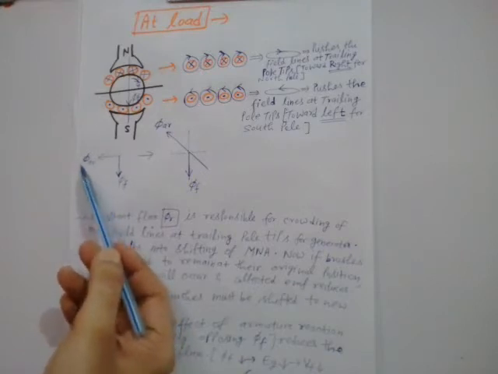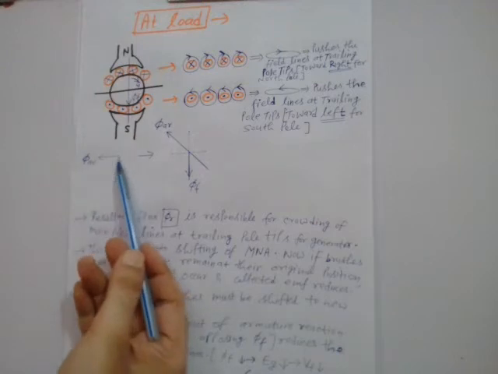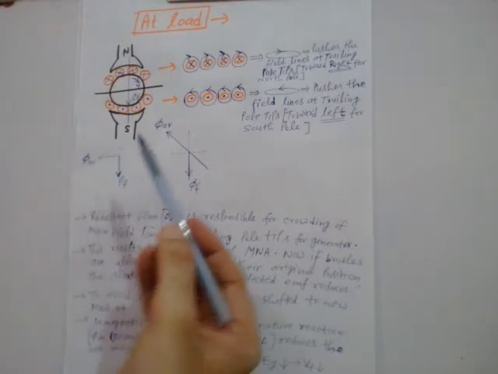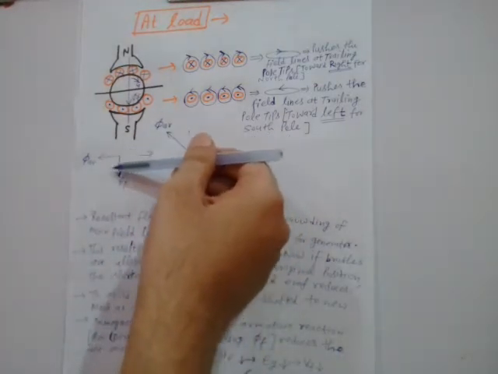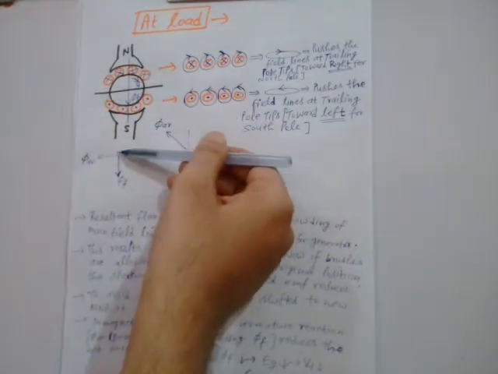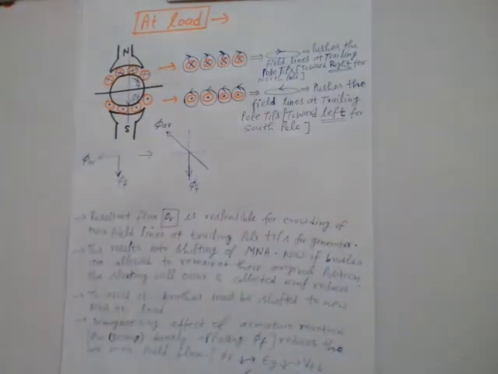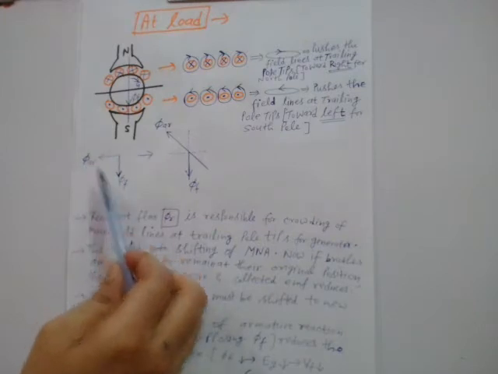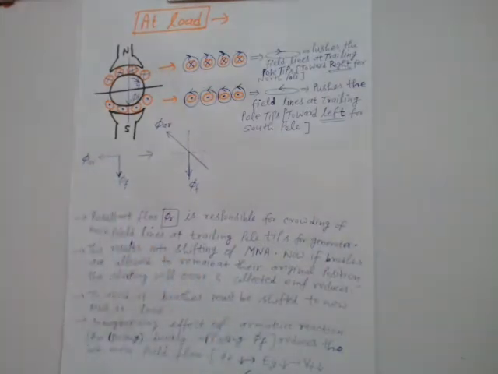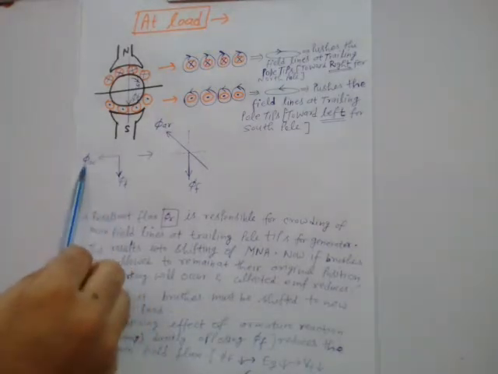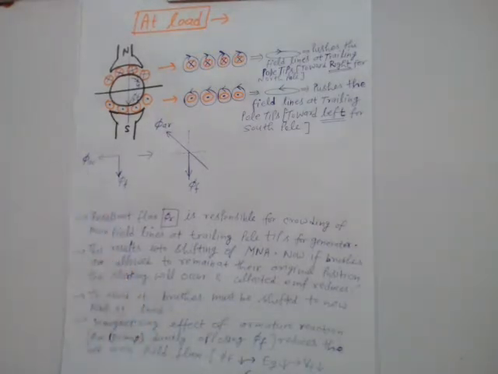This field flux was from north to south, from top to bottom, right? So now you have two fluxes in the machine. Due to this loaded condition, you will have armature flux also along with this field flux.